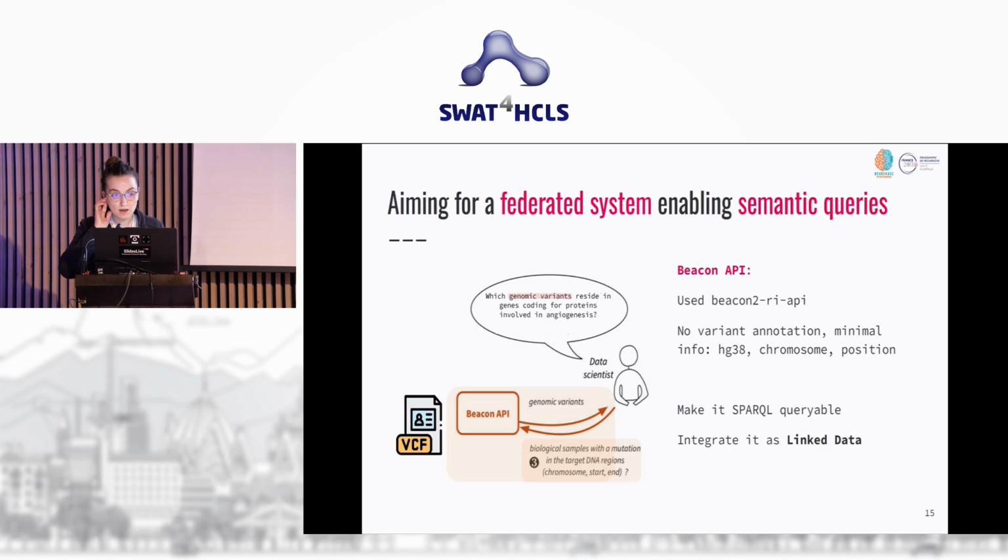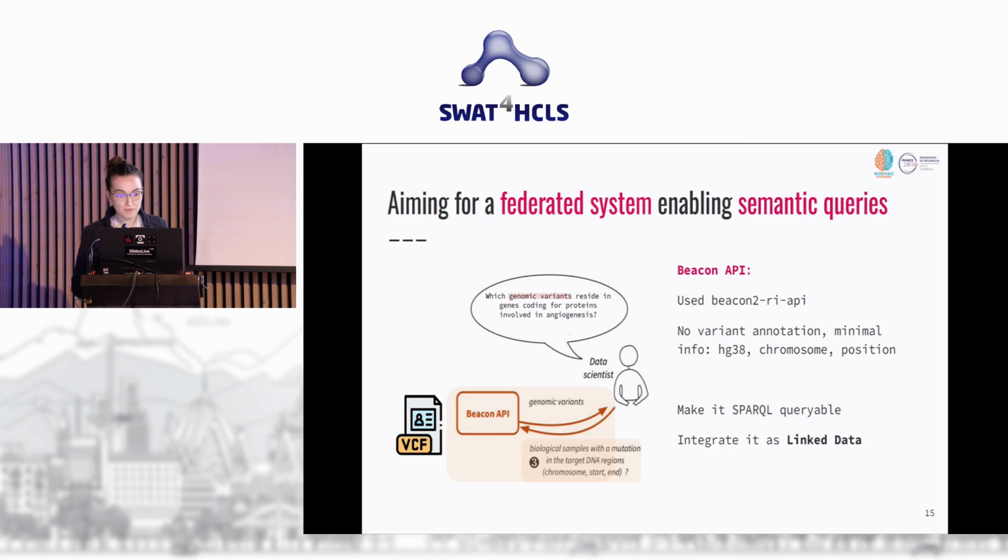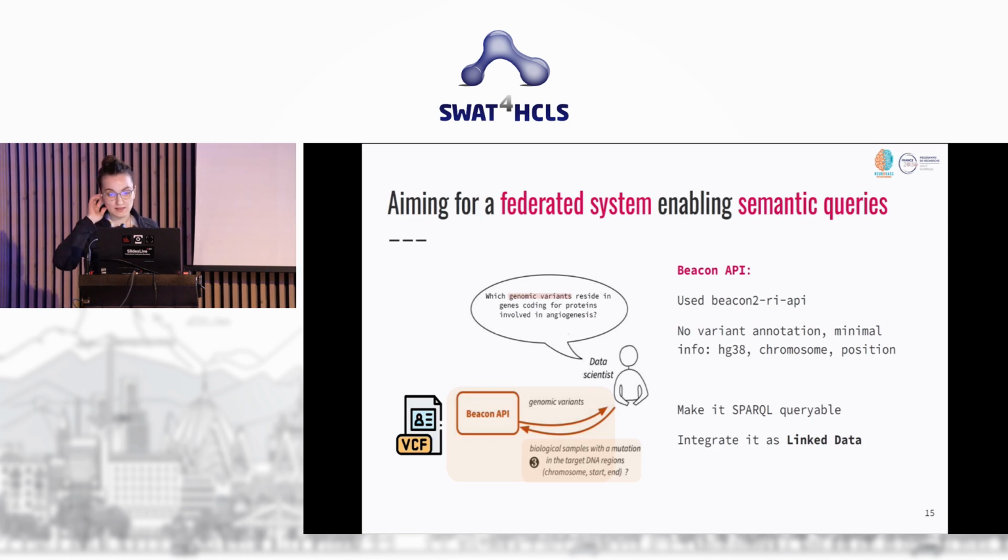So now we had to solve the red portion of the question. We used the Beacon reference implementation of the API. We were very happy that it was already existing and there was an available implementation. We did no variant annotation when putting our data inside of the Beacon, so our variants only had positional and allelic information.